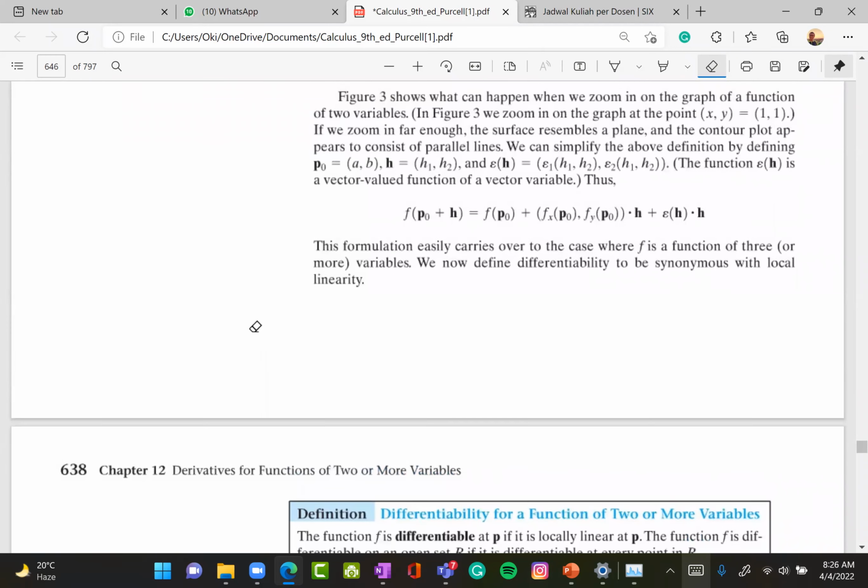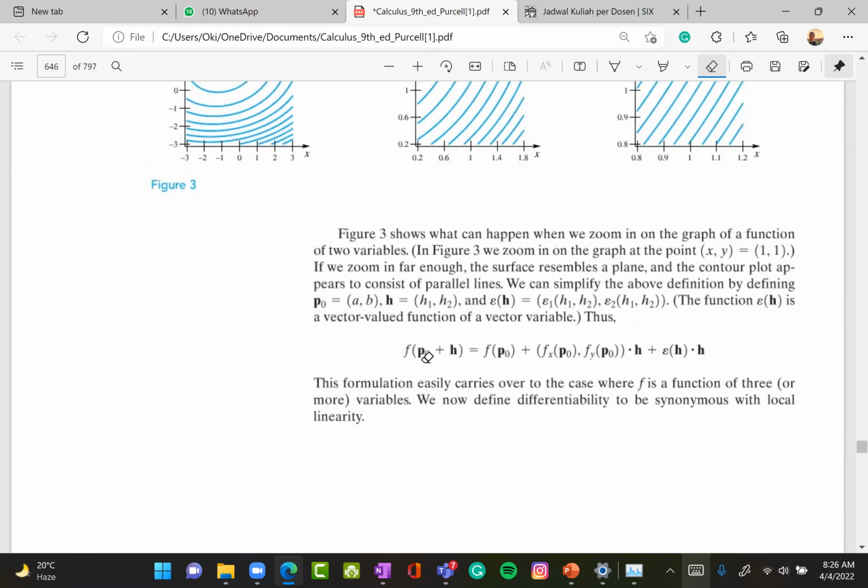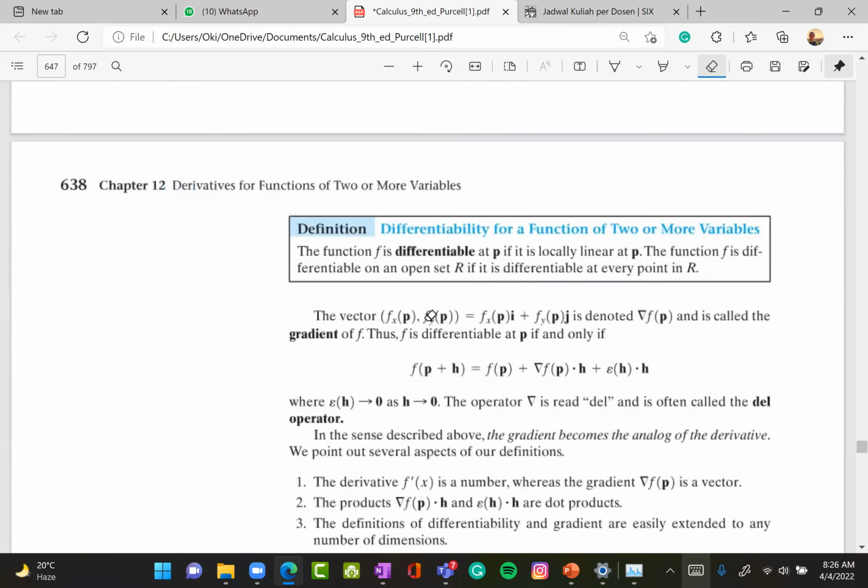All right. So in vector form, this locally linear thing can be written as this one here. And so this is how we define differentiability. Function f is differentiable at the point p, p in vector form, if it is locally linear at p. It is differentiable in an open set if it is differentiable at every point.